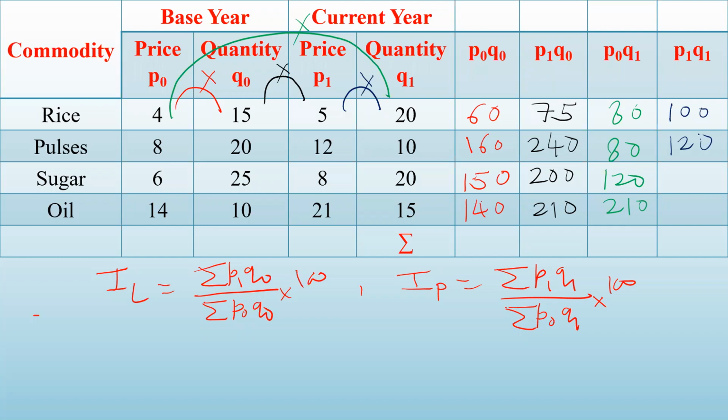Then 8 into 20, that is 160. And then 21 into 15, that is 315. So P1 Q1, multiply these 2 columns: 5 into 20 is 100, 12 into 10 is 120, 8 into 20 is 160, 21 into 15 is 315.